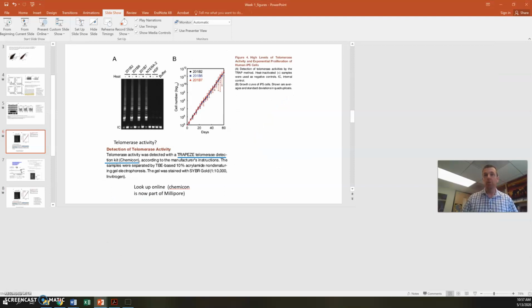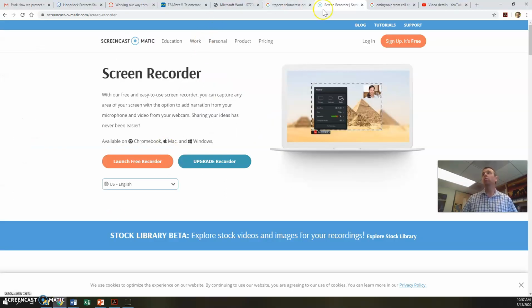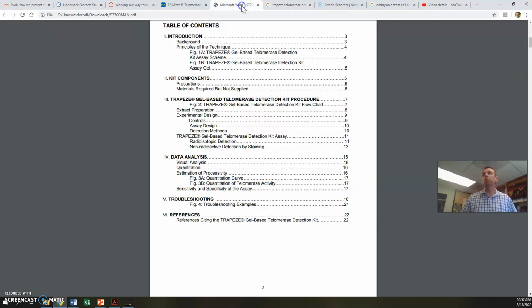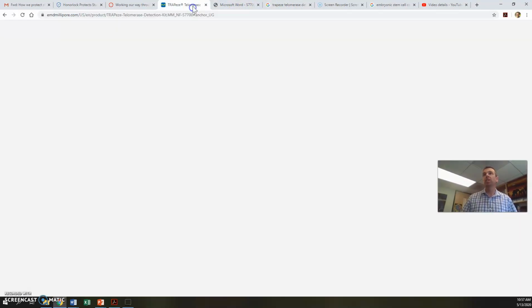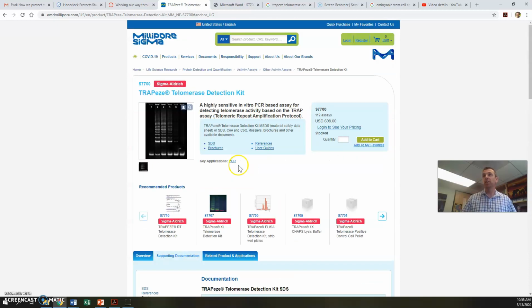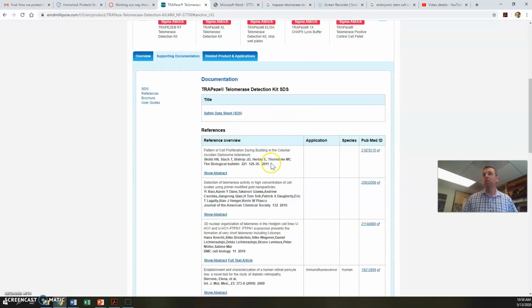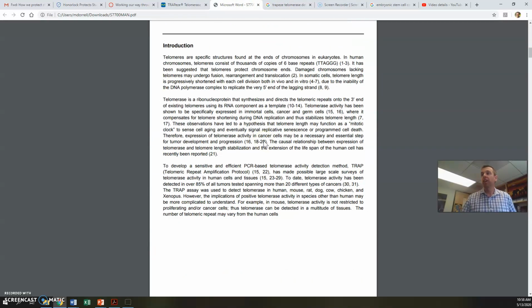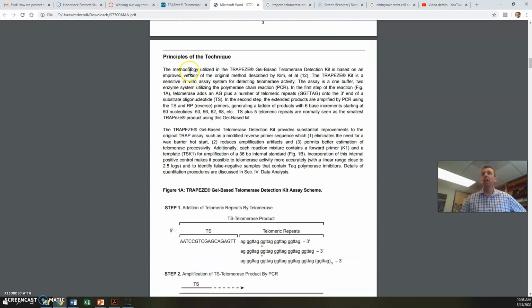If we go to the web here, I can look up the TRAPeze telomerase kit. So this is the Millipore site. On the Millipore site, I can get to the user guide. In that user guide, if I go through it a little bit, has an introduction of what telomerases are and kind of a generality of the technique.